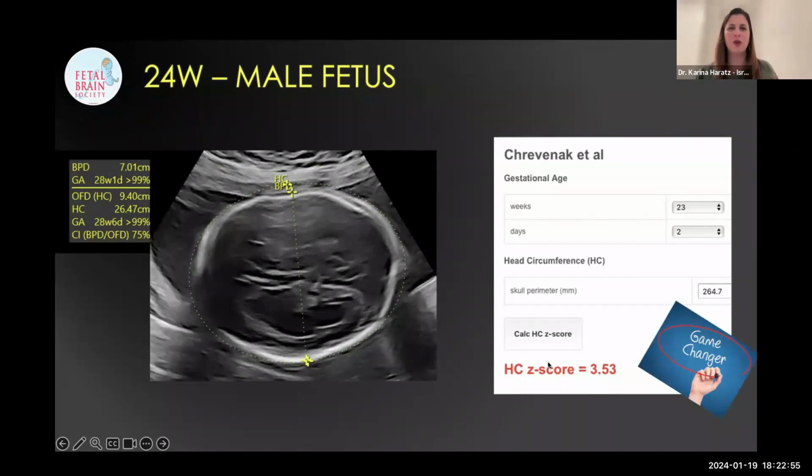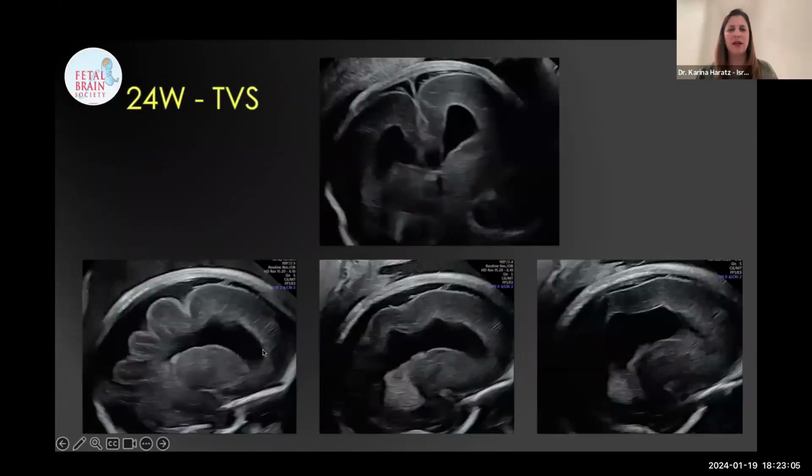Automatically, we open the drawer of the overgrowth syndromes and the overgrowth of the brain, and then we try to look for mTOR pathway findings, and we find a very abnormally developed sulcation, a huge head, ventriculomegaly, irregular ventricular walls, and whatnot.